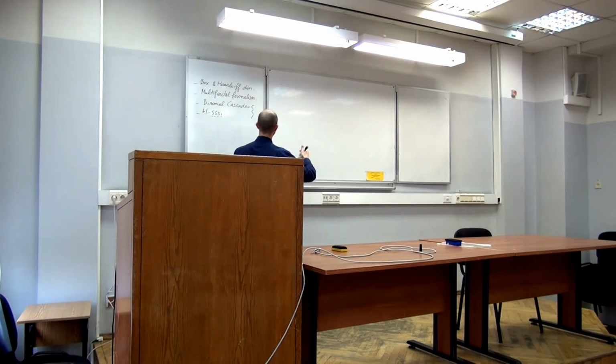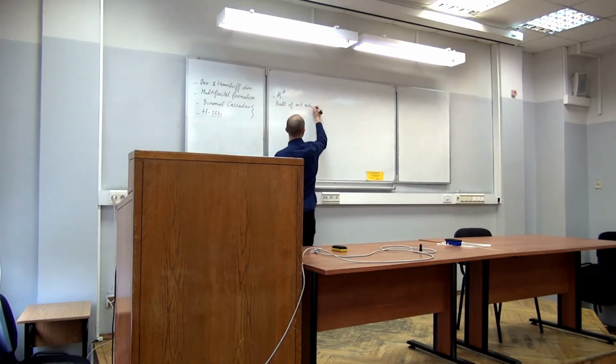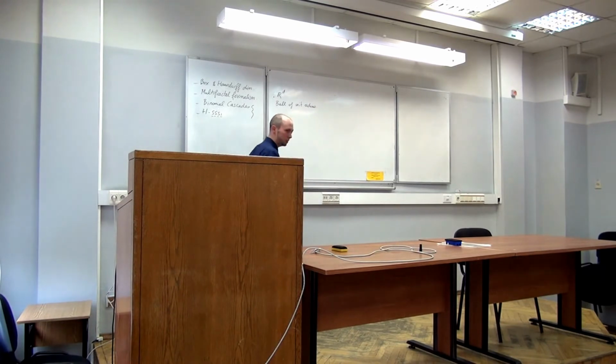Okay, so for example, if we are in R^D, the Euclidean space of D dimension, and if we want to cover balls, for example, imagine we've got a ball of unit radius in R^D.